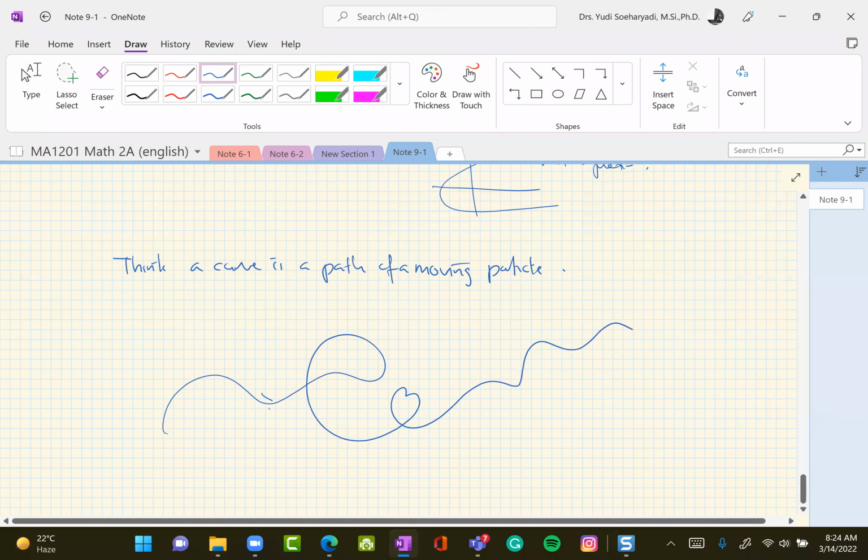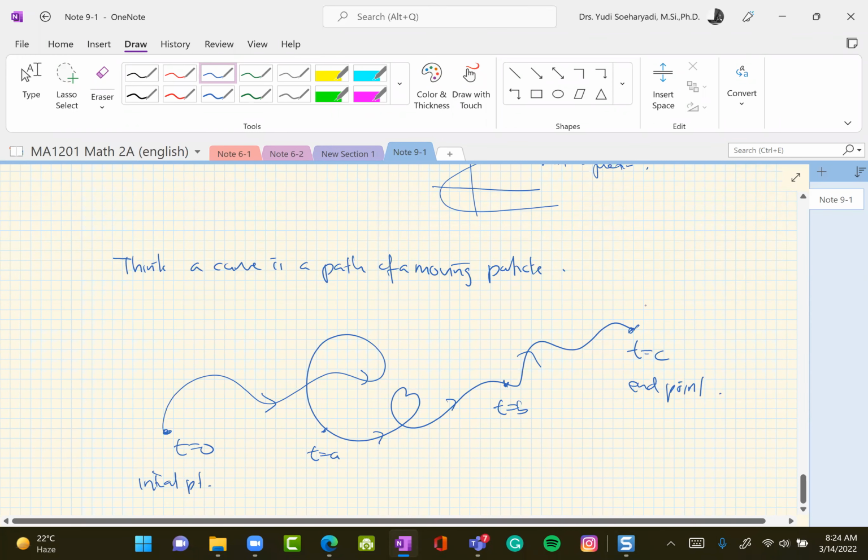For example, a particle going in this direction. You start here, at some time t equals b you are here, and at t equals c we end up here. This is the initial point. This is the end point.